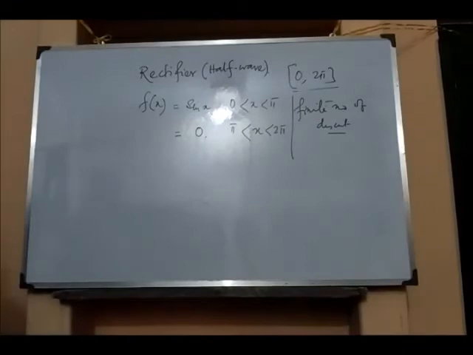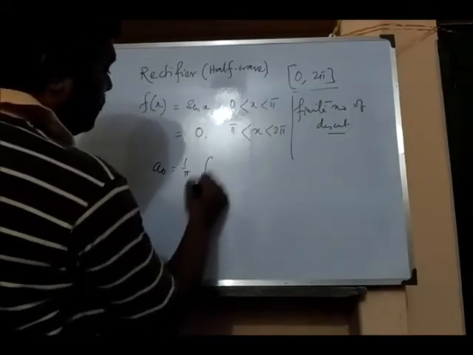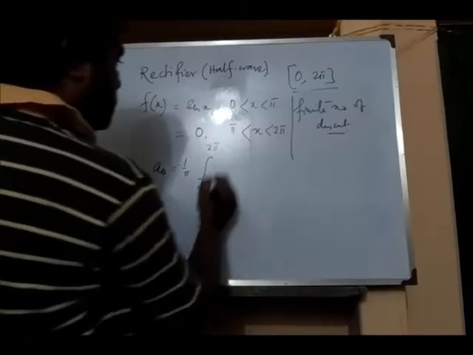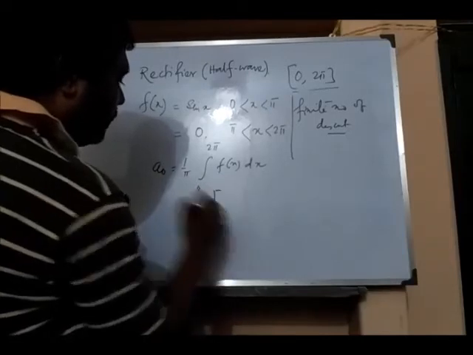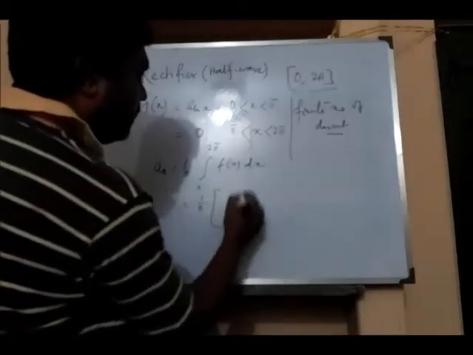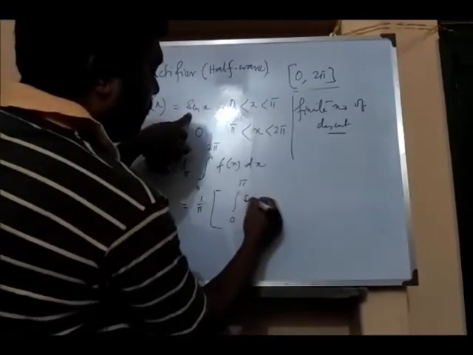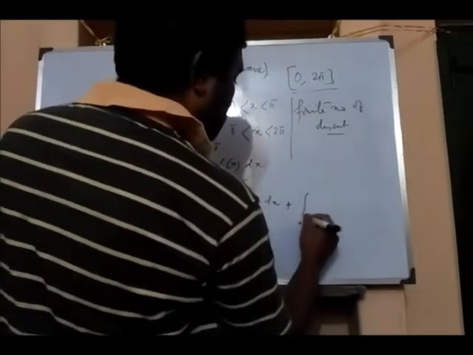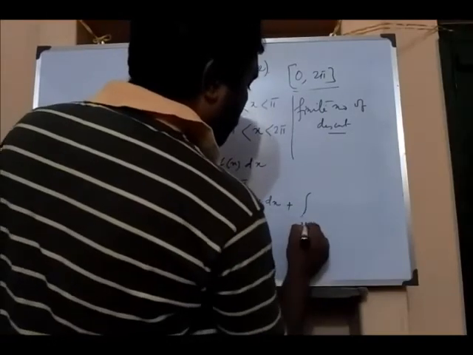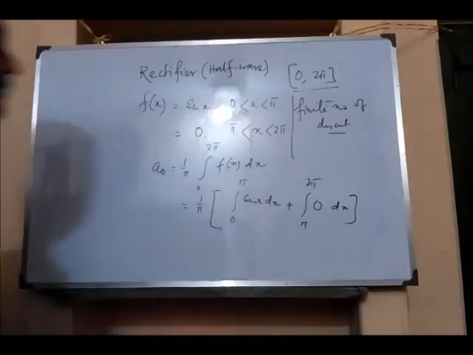Now what is the value of a0? So a0 will be 1 upon pi, as this is a 0 to twice pi limit. So f(x) dx, we have to take integration 0 to pi, where this function has the sin x form, and from pi to twice pi, this function is 0.